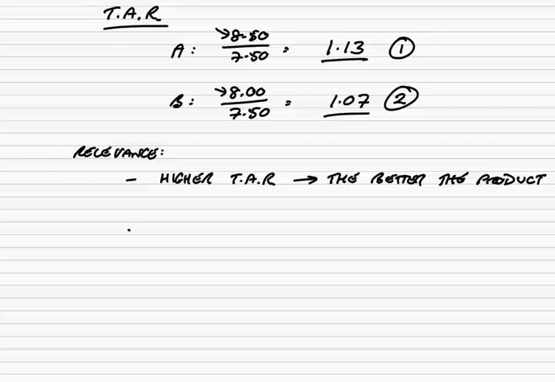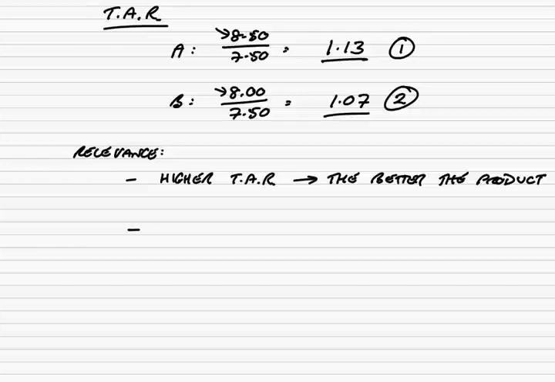The second bit, though, well, you tell me. You can't tell me, but think for yourself. What ideally would make a good product? What I mean is, ideally, what would you want the throughput accounting ratio to be for products to be good products, to be worth producing? Surely you'd want the throughput accounting ratio to be more than 1.